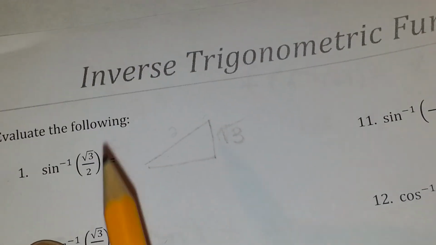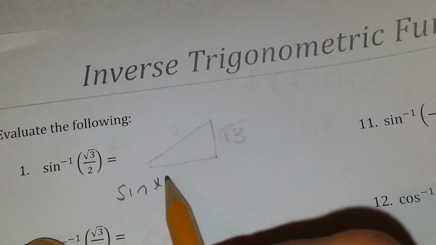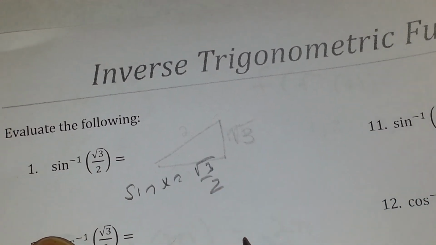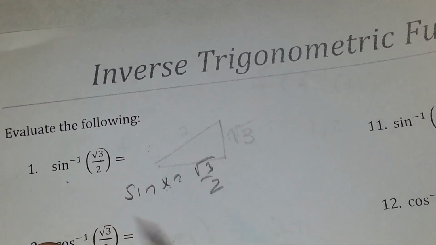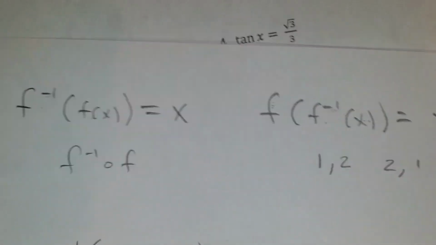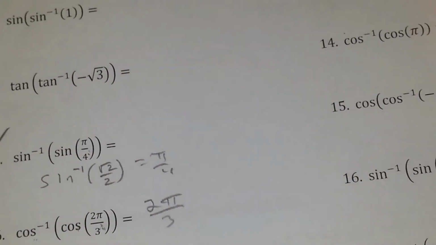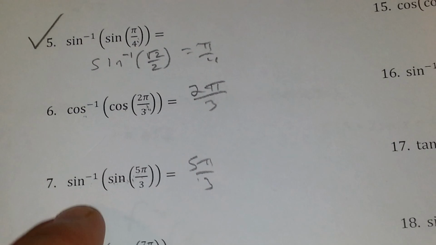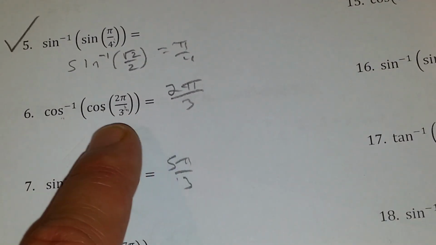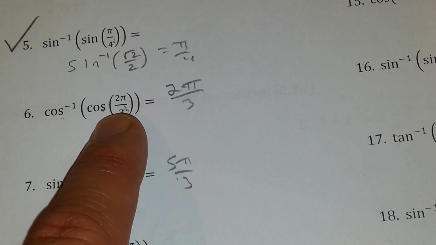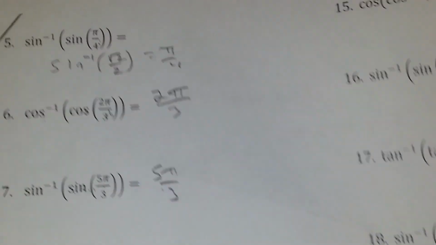If you had sine of x equals root 3 over 2, I'll take the inverse sine of root 3 over 2 to get what x actually is. And we learned more about taking the inverse sine of sine or inverse cosine of cosine, and you're just getting theta back. Cosine of theta gets me some number, and the inverse cosine of that number gets me back to theta.